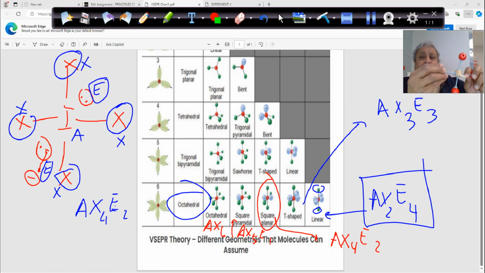Here, guys, may I have your attention here? Can you see it? Here it is, guys. We have two lone pairs. Those are the flat one. Those are lone pairs. 4 chlorine atoms and 1 iodine atom.